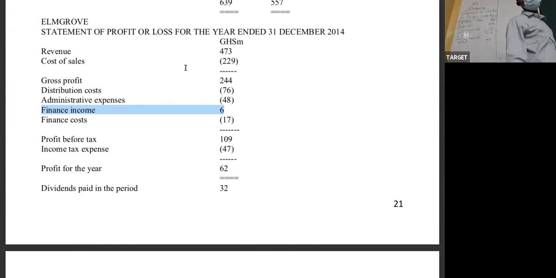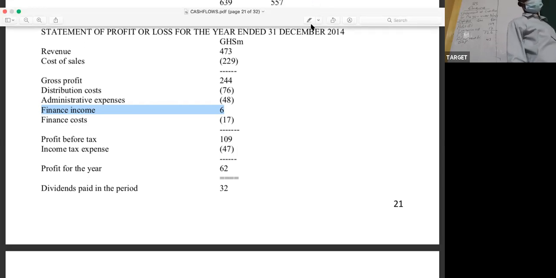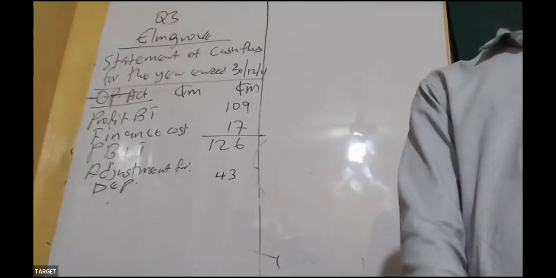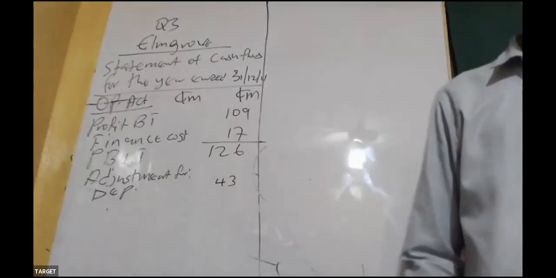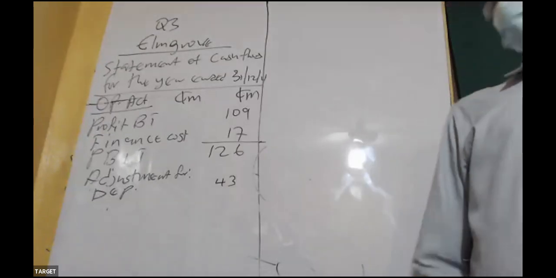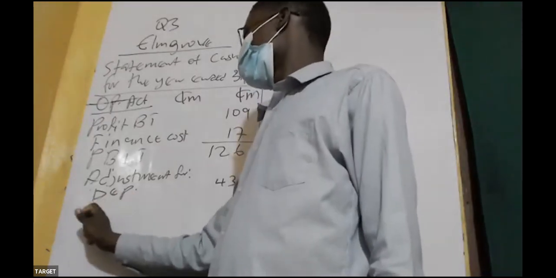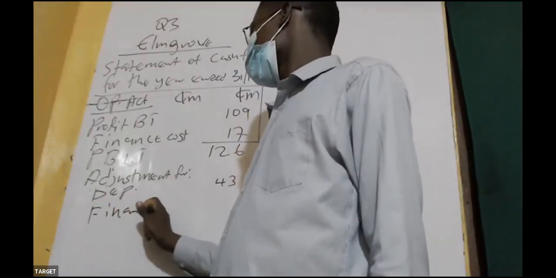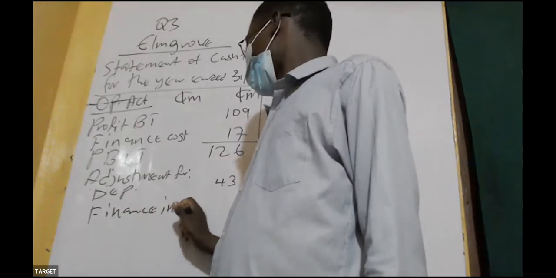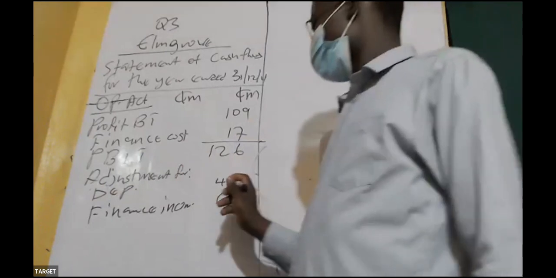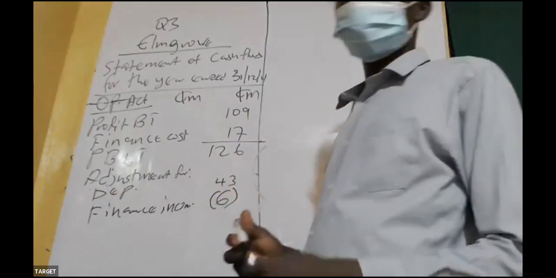So it represents interest received. Finance income is 6. They have added it, so I have to subtract, reverse out.